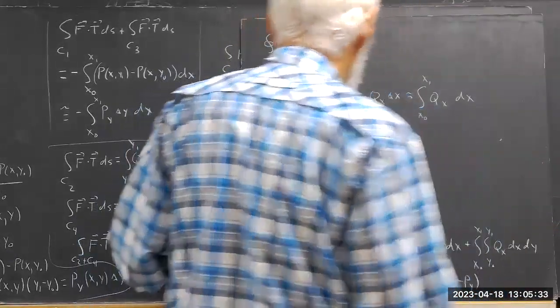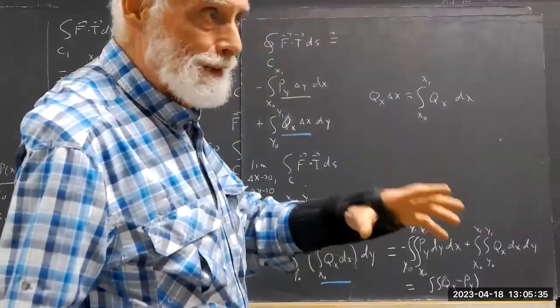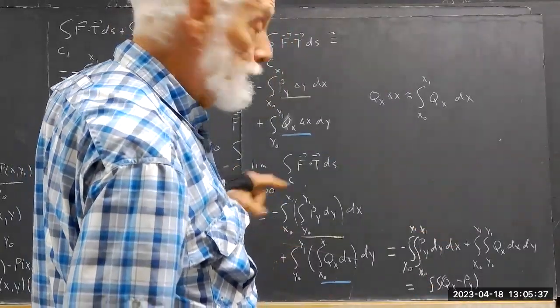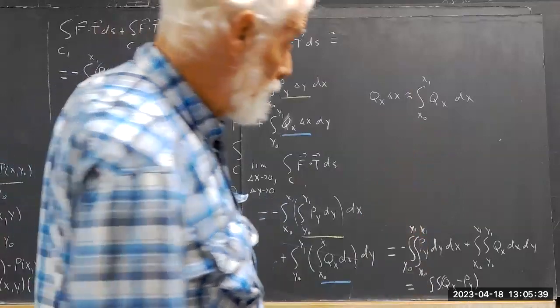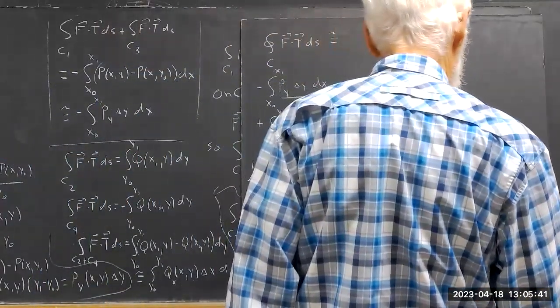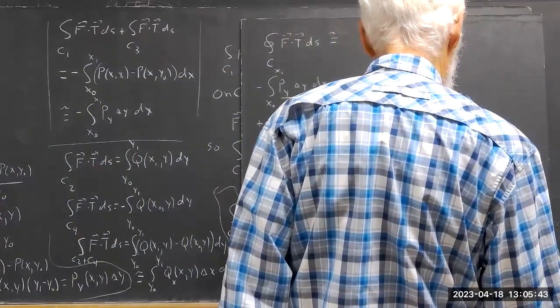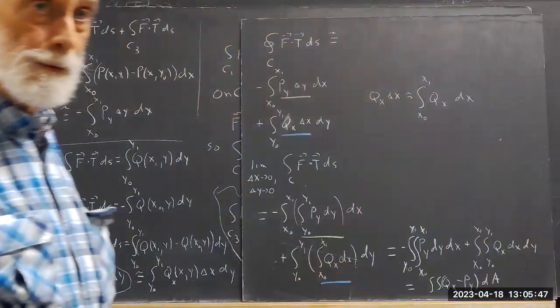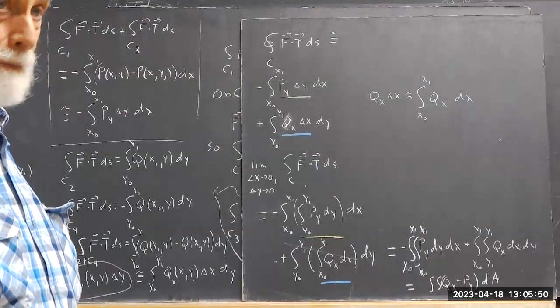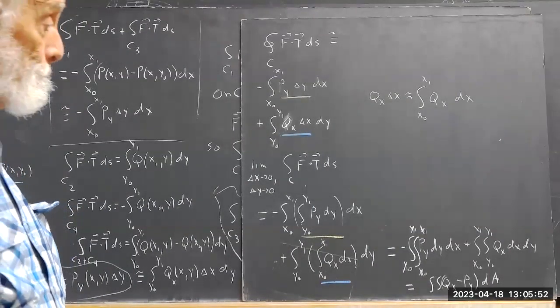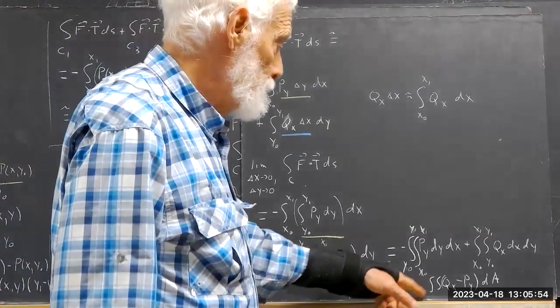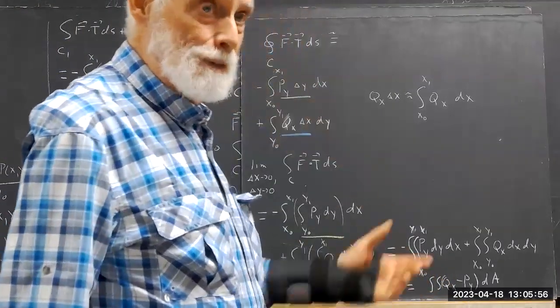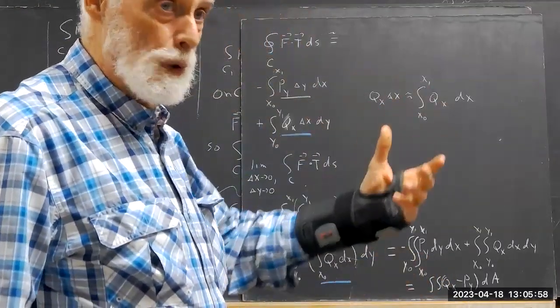You know, your delta x and delta y are just the area, but we're taking the limit as delta x and delta y go to 0, so we become dx and dy. So there it is. And I haven't put the limits in. The integral goes from x naught to x one, y naught to y one, in either order.